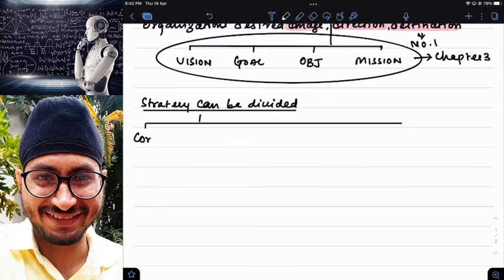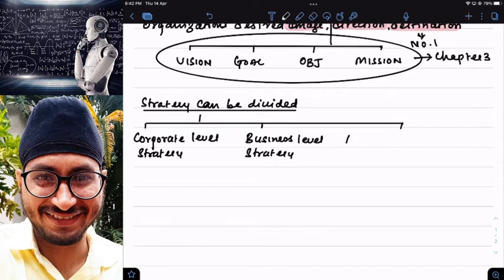Corporate level strategy, business level strategy, and functional level strategy.